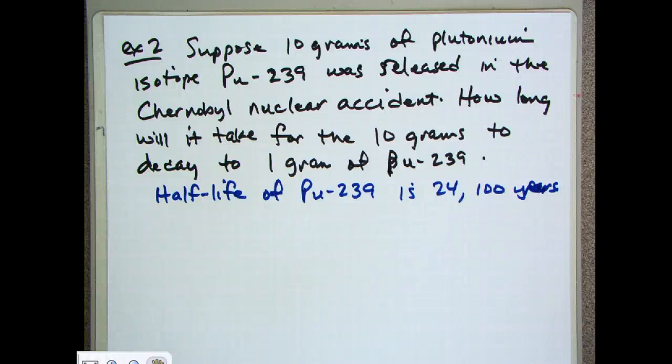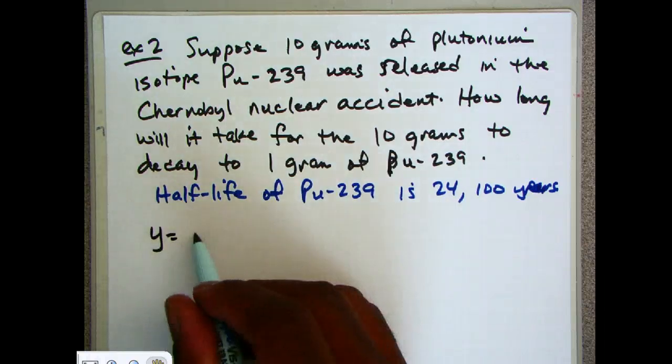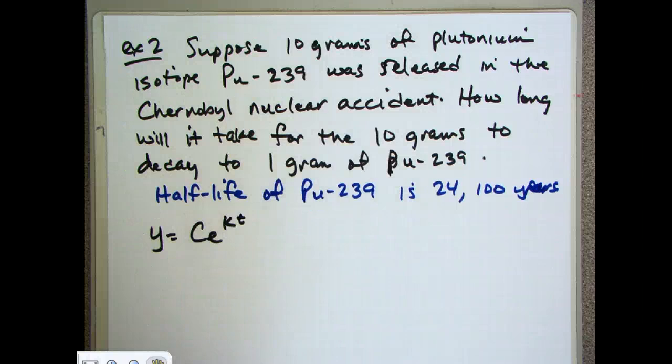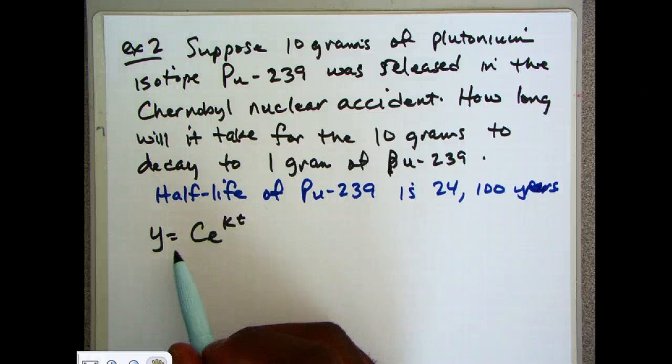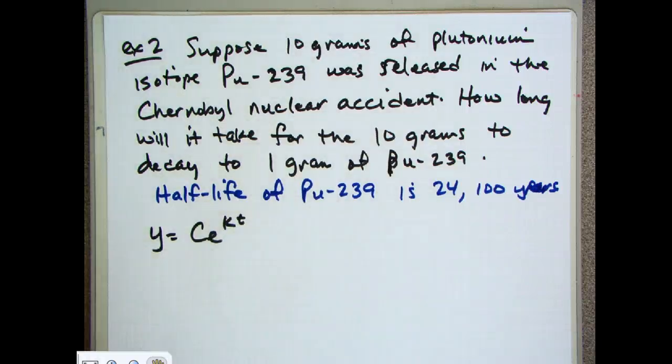So when we do get our answer, we want to compare it just to make sure we're in the ballpark there. So we're going to go ahead and start off again with our exponential growth and decay formula. Y is equal to CE to the KT.